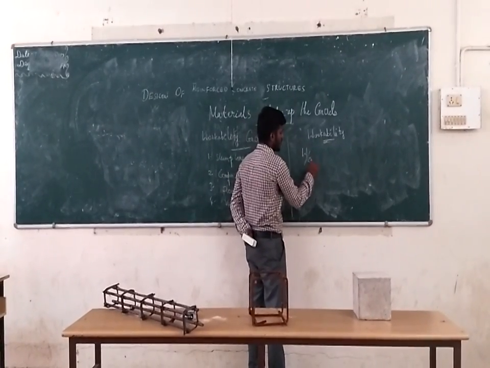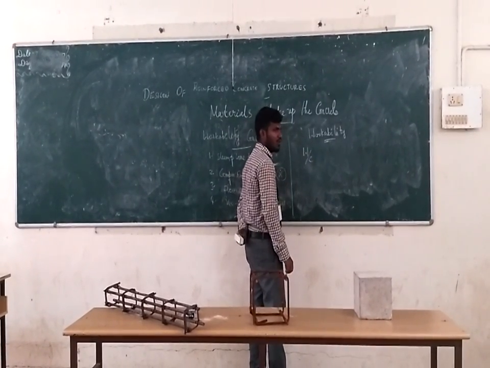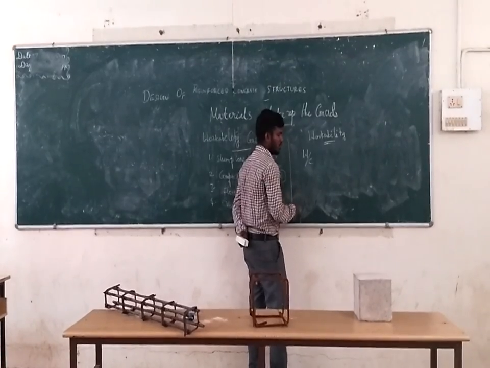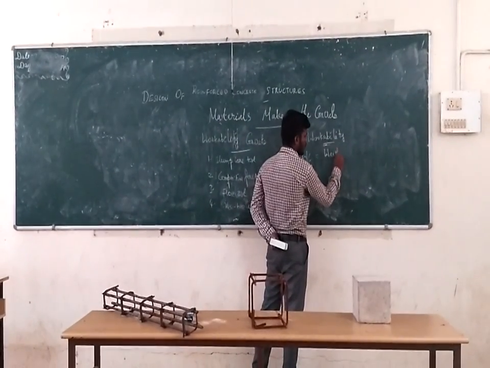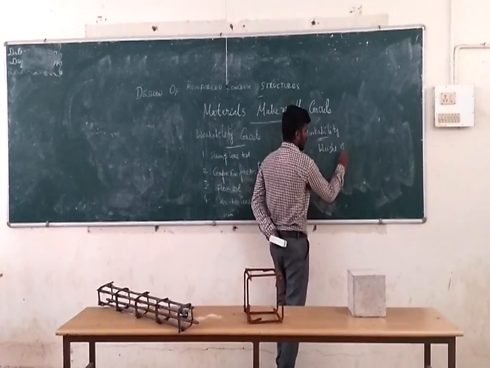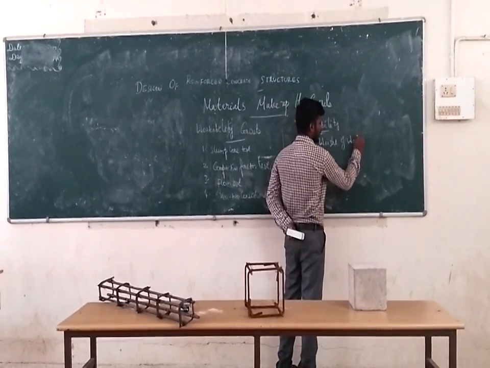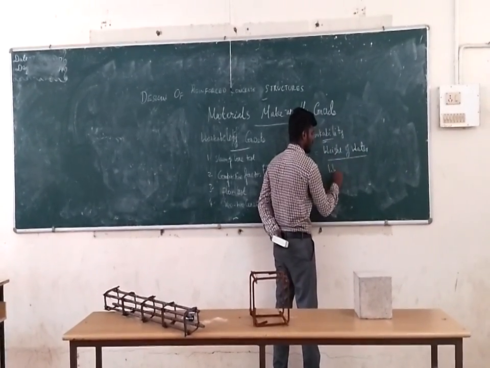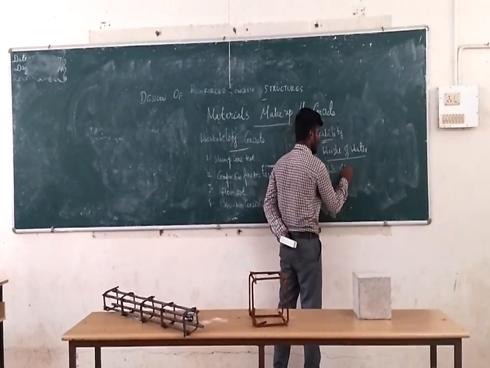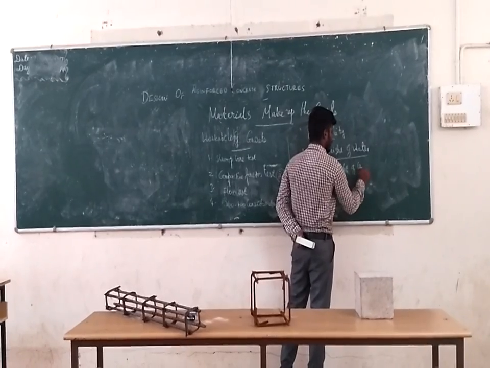Here the water cement ratio plays a vital role in workability. What is water cement ratio? It is the ratio between the weight of water and the weight of cement.